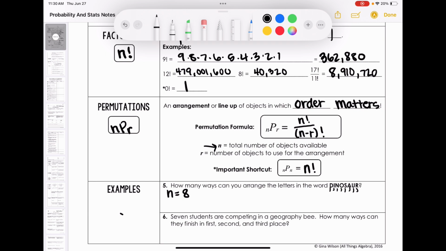All right, and we want to arrange the letters dinosaur. So R stands for the number of objects being used for the arrangement. So we're using all the letters. So my R value is also going to be 8. So I would type in my calculator 8P8. And when I do that, that's going to give me 40,320.